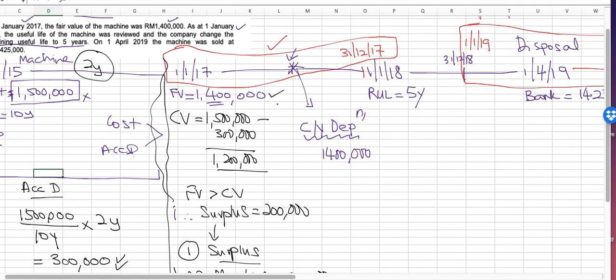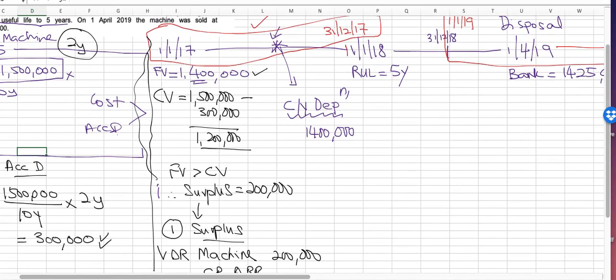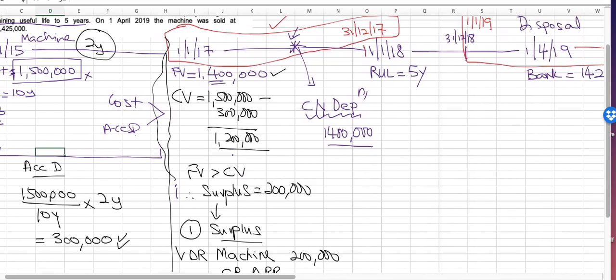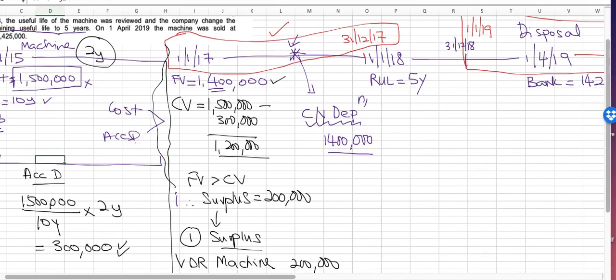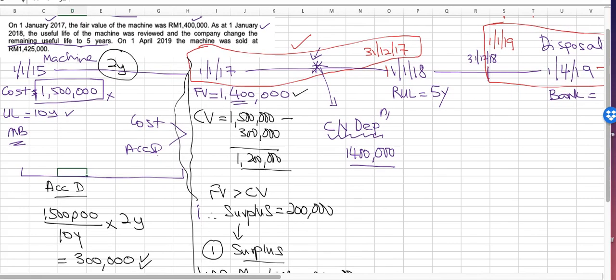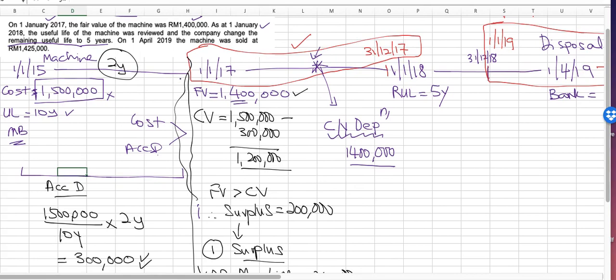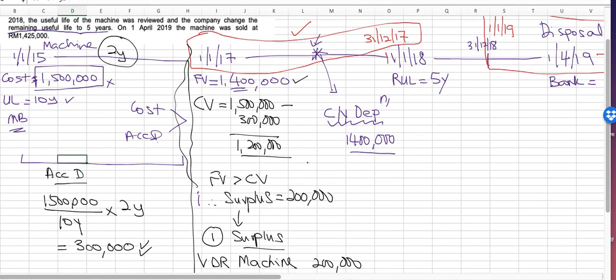Therefore, subsequently, we will use the new value, which is 1.4 million, divided by the remaining useful life. Why remaining useful life? Why not 10 years? Because 1.4 million is the revalued amount and you need to calculate for the subsequent years. So 10 years minus, you have used up this machine for 2 years. That means you have a remaining of 8 years. Okay?